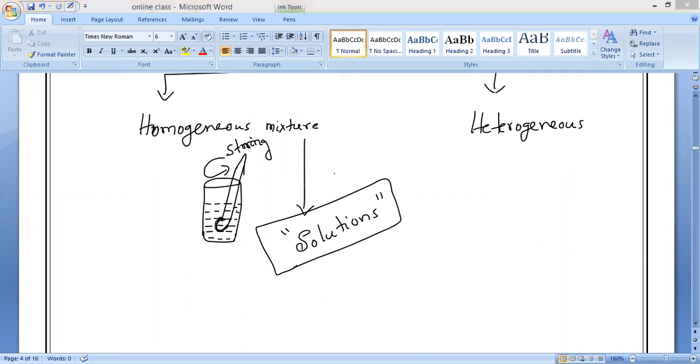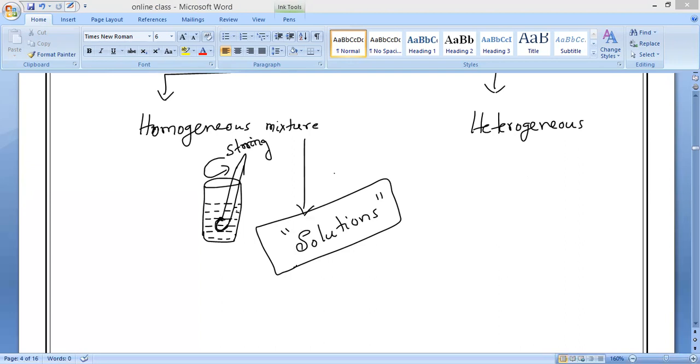Completely mixed together, indistinguishable, no boundaries visible, and uniform composition throughout its mass is called what, Hari? It is called homogeneous mixtures. Understand, Mitakshri? Are you clear or not? Please respond. Yes, sir.